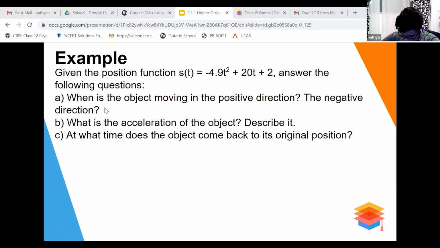What is the acceleration of the object? Velocity is the derivative of position and acceleration is the derivative of velocity.